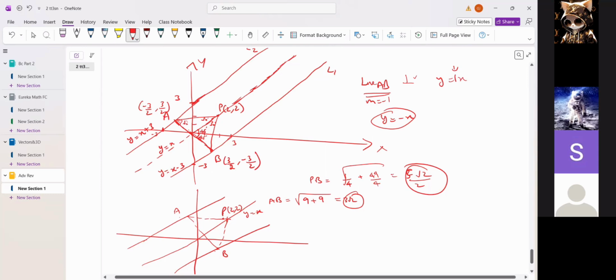And every point on line 1 you can write as x comma x minus 3, correct? And here every point is going to be x comma x plus 3. Since this is symmetrically between, you will be able to just do this with the idea of equal distances itself, right?